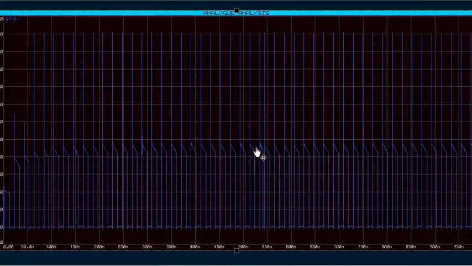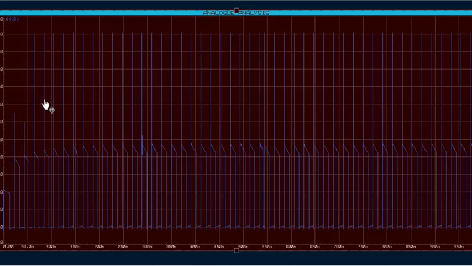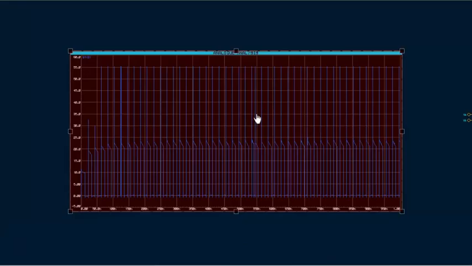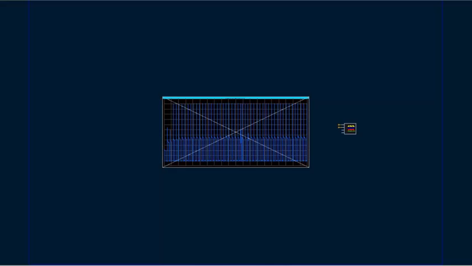As you've seen on the graph, there are voltage spikes on top of the actual square wave signal waveform. These spikes reach up to 50 to 55 volts, which can damage the IRFZ44N MOSFETs.